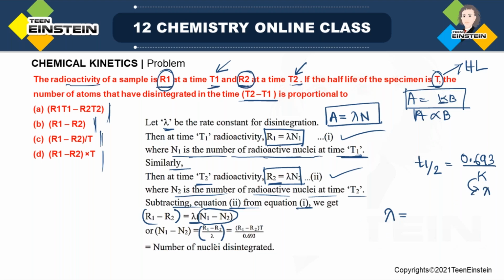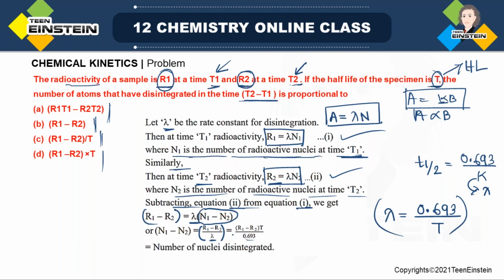So in place of lambda we can write 0.693 divided by half-life, which is capital T, as already mentioned in the question. So in place of lambda we will write 0.693 by T. As lambda is in the denominator, finally the equation that we are getting is like this.